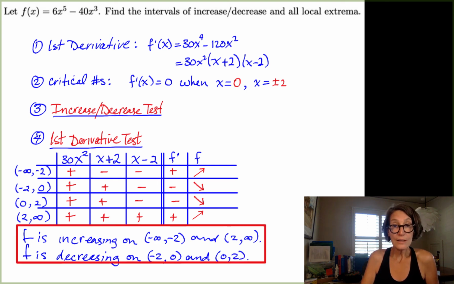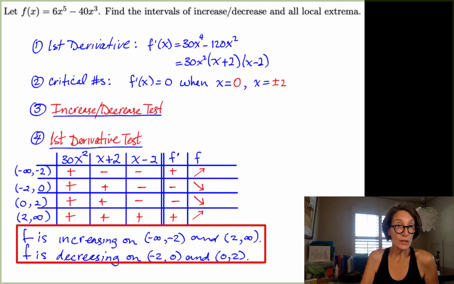Notice it's not decreasing at x equals 0. Why? Because the derivative is 0 there. The derivative is not negative and it's not positive. So it's neither increasing nor decreasing at the number x equals 0.